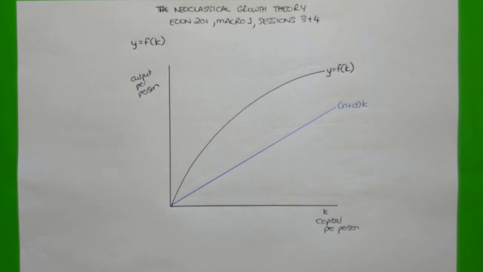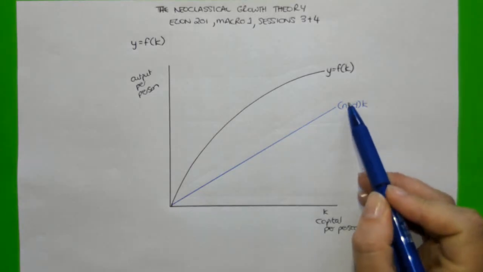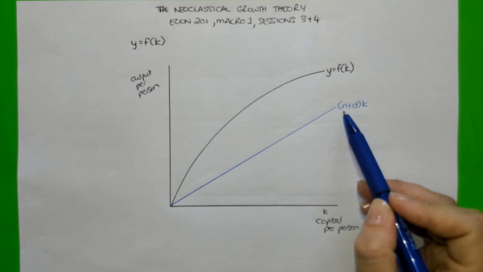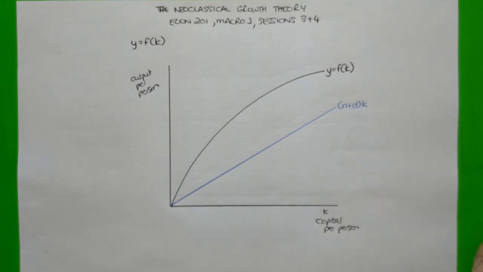With the investment requirement line, it's really important to remember that the amount of capital stock per person will in fact decline without investment. The reason why capital stock per person will decline without investment is because of the population, which grows each year, and because of the depreciation of capital stock which takes place.